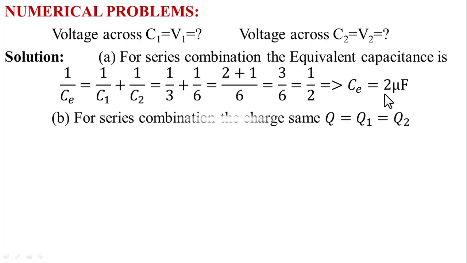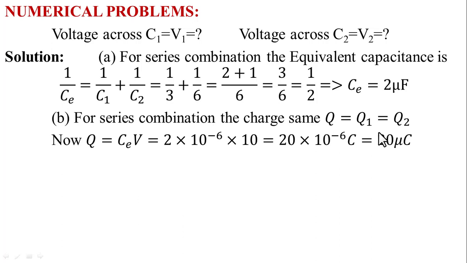Now we can solve part B. For a series combination, the charge on each capacitor is the same, so Q is equal to Q1 is equal to Q2. Then Q is equal to CE multiplied by V. Now Q is equal to 2 multiplied by 10 raised to power minus 6 multiplied by 10. 10 multiplied by 2 is equal to 20, so Q is equal to 20 multiplied by 10 raised to power minus 6.